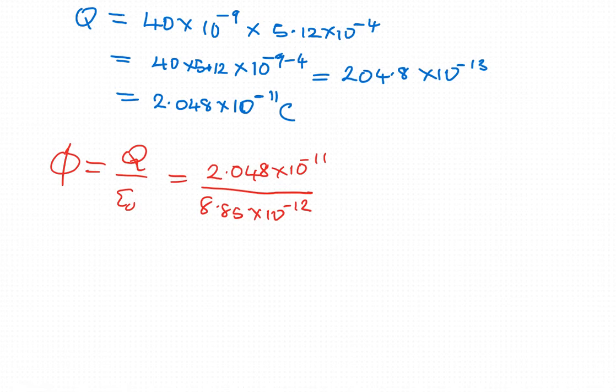So let's do the simple mathematics here. This is 2.048 divided by 8.85, multiplied by 10 to the power minus 11 plus 12.